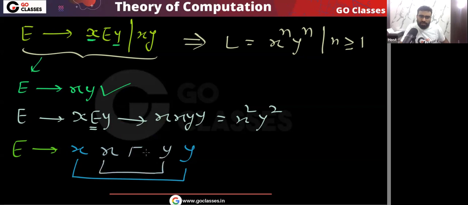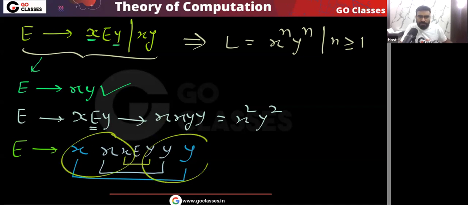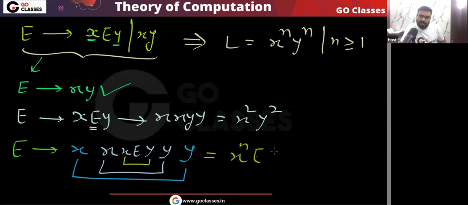So basically we are getting x^3 y^3. For every x we are getting a y, so I can say that you are getting x^n E y^n. And then remember at the end this E I can replace with xy.